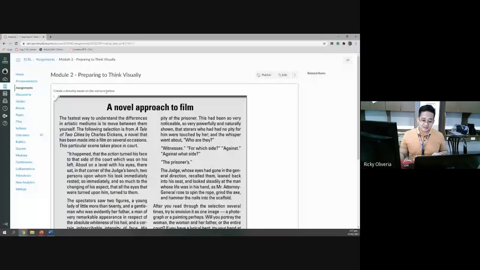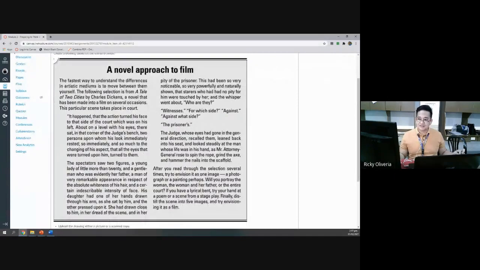O kaya parang editorial yung itsura, walang specifics, no? Kasi ang mini-measure ko dito is how did you understand this and how are you going to interpret this using pencil and paper. Of course, no? Hindi pa to, wala pa tong script. Okay?